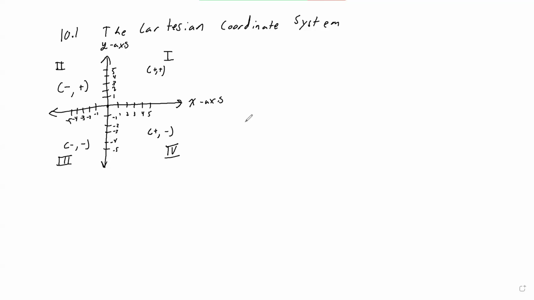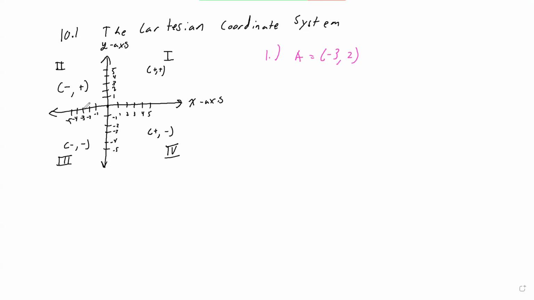So with that said, let's do a different color. Let's, on number 1 here, graph point A, and we'll call it -3, 2. So what this means is I'm going to go -3 on the x-axis first.